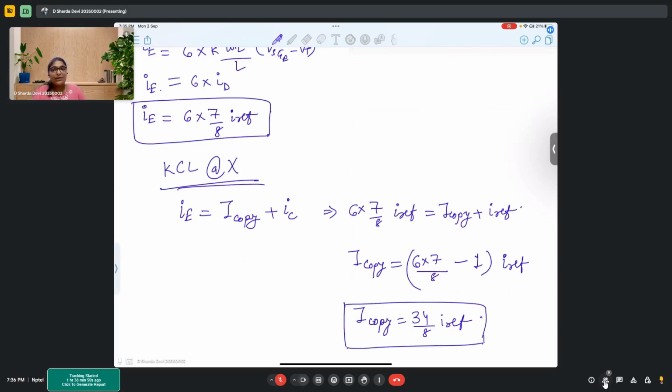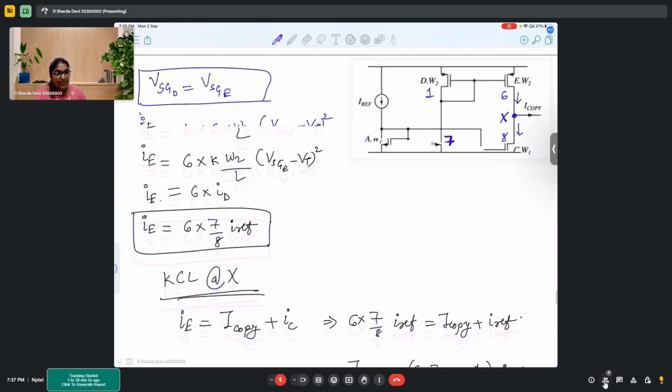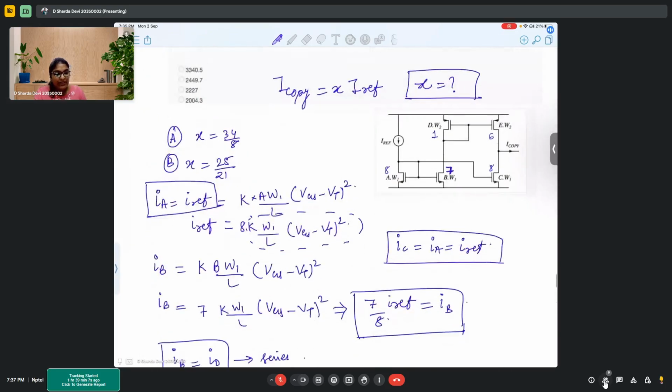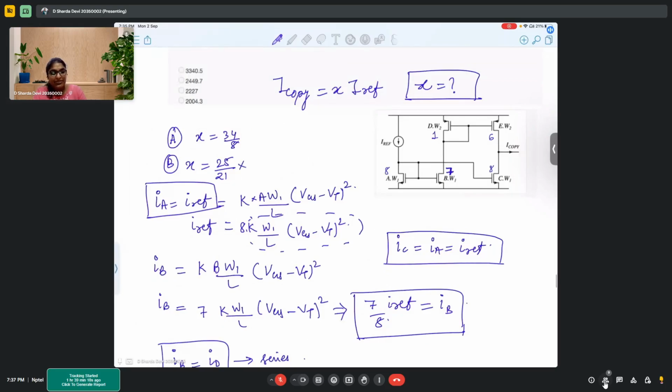Is this clear to everyone how we solve this problem? So the final factor is 34 by 8. Somebody said 25 by 21. This is wrong. Can you find where you were going wrong? Could you find your mistake? Okay.